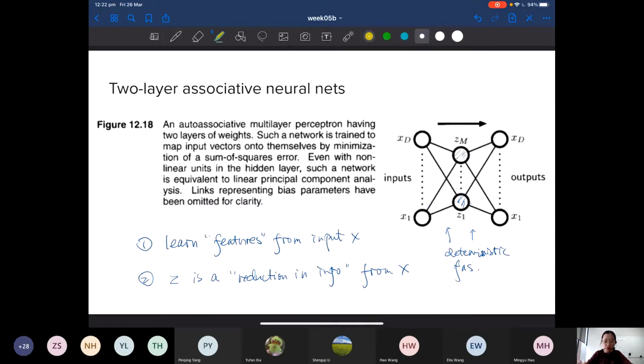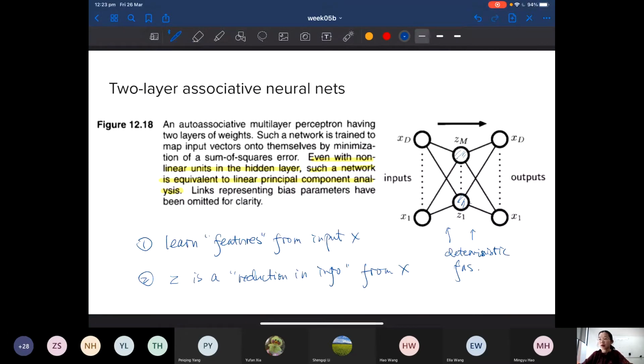So the claim here is that even with nonlinear units in a hidden layer, especially the sigmoid function, the one layer associative network is equivalent to linear principal component analysis. It might be easy to see, let's say, if both of the layers are linear, we get back principal component analysis.